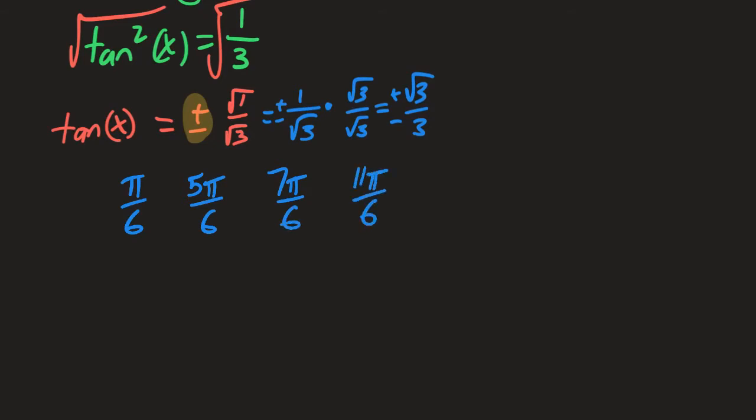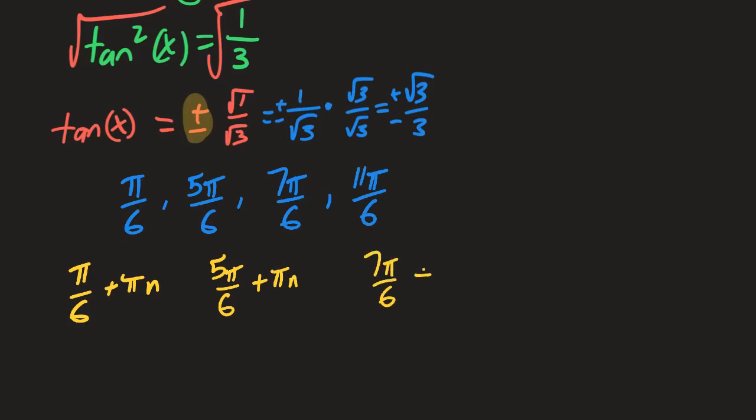Okay, these are the 4 angles where tangent is going to equal positive or negative root 3 over 3. And let's go ahead and add that plus pi n to the end of these. So pi over 6 plus pi n, 5 pi over 6 plus pi n, 7 pi over 6 plus pi n, and 11 pi over 6 plus pi n.